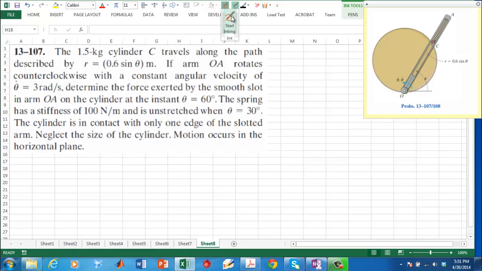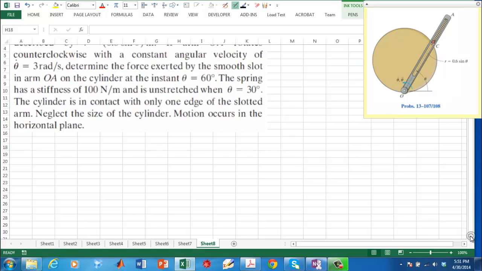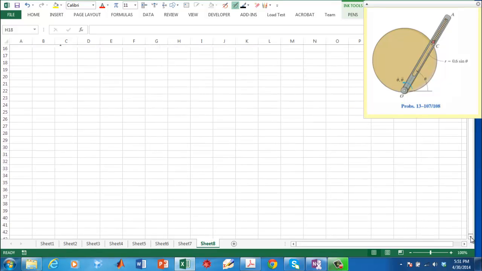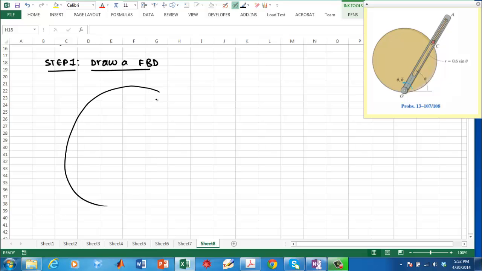So let's start. Step 1 to this problem is draw a free body diagram. Okay, so let's see. Here is the circle, whose center is there.